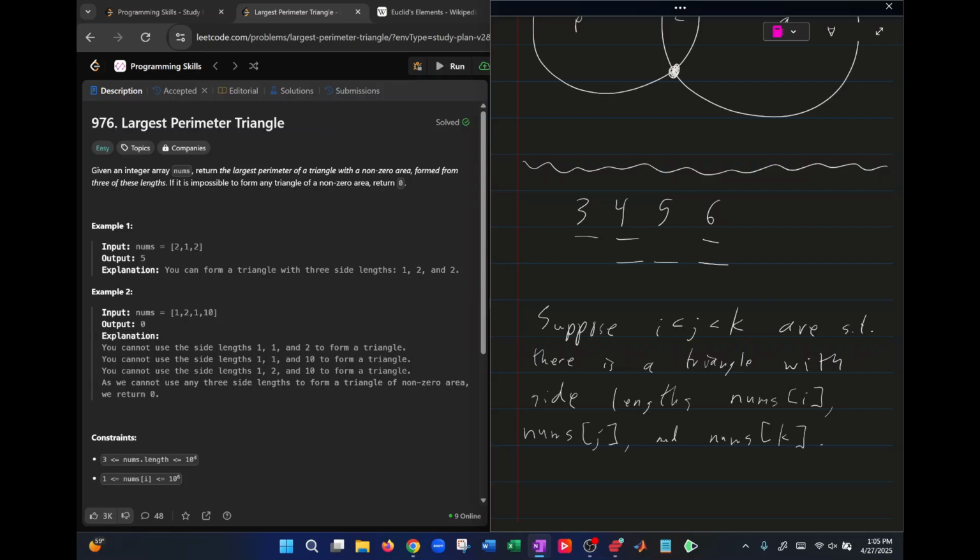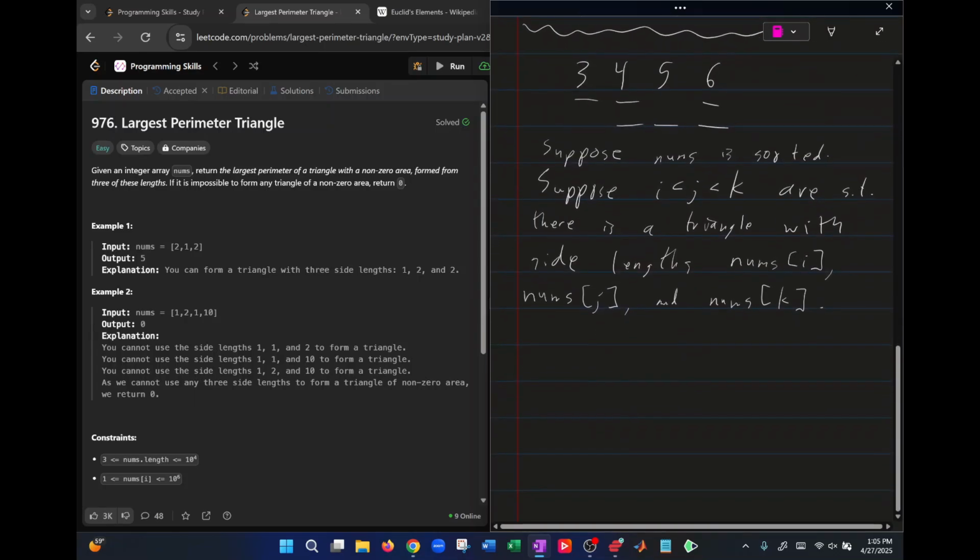But we're also going to suppose nums is sorted in increasing order.